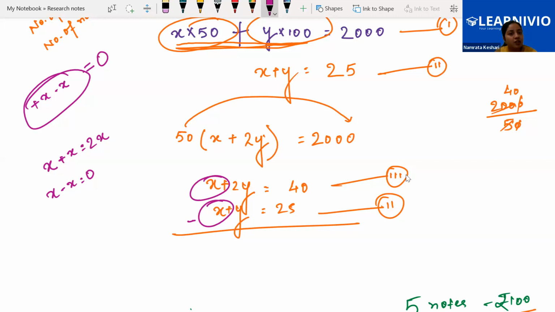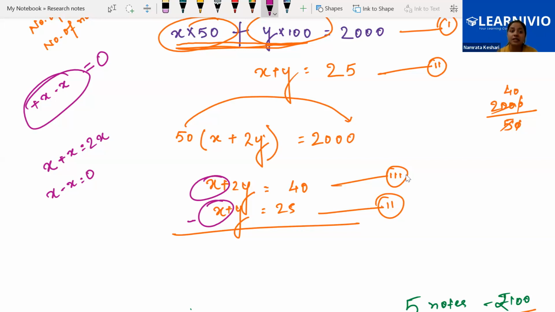Because subtraction will reverse each and every sign. Listen carefully: when the signs are already opposite, plus 2 and minus 2, we have to add in such a scenario.